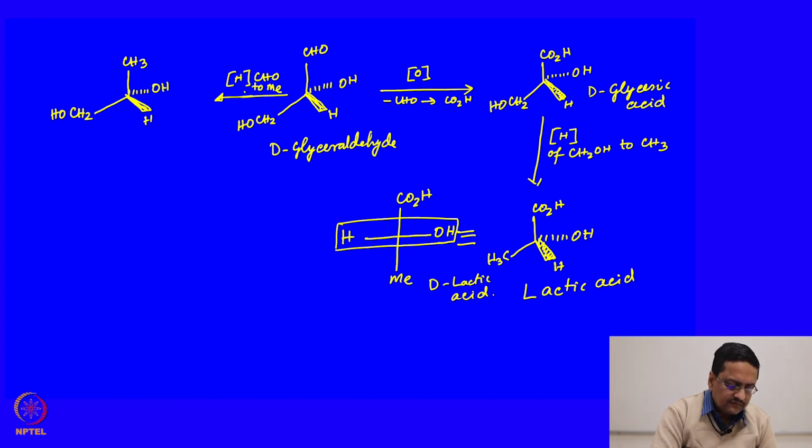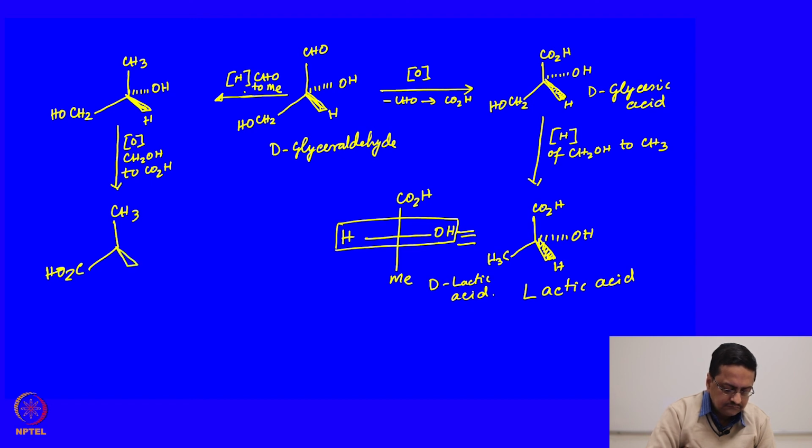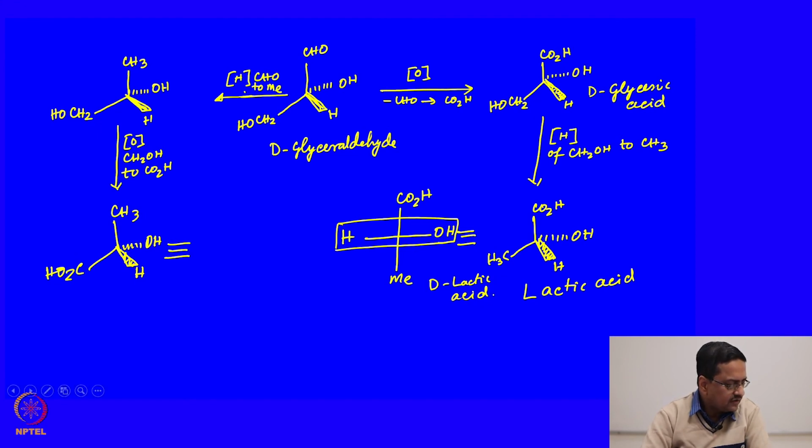And then if we oxidize CH2OH to CO2H, we get this compound. So, if we then convert it into the corresponding Fischer projection, what we get is this one.